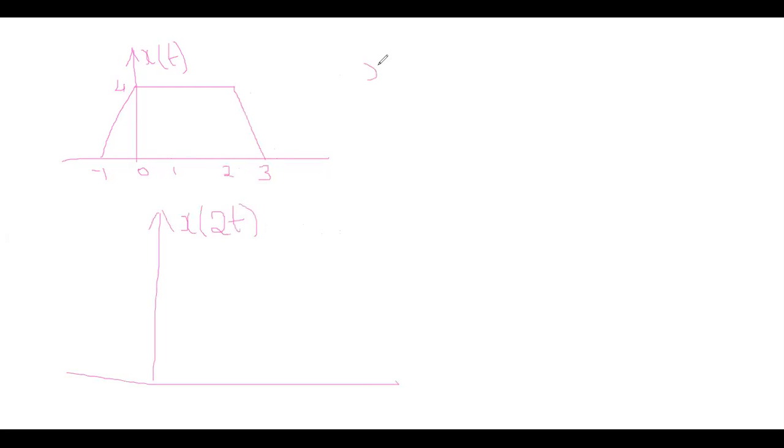So here, at t equal to -1, x of -1 is 0. At t equal to 0, x of 0 has magnitude 4.